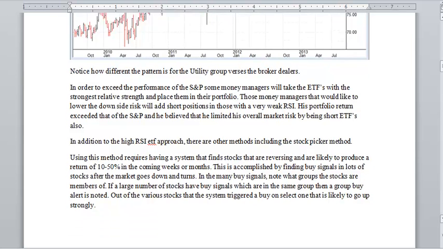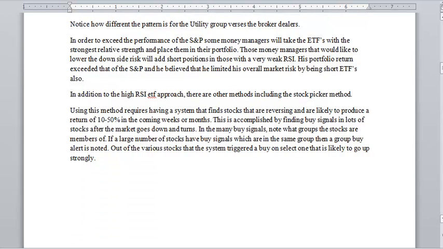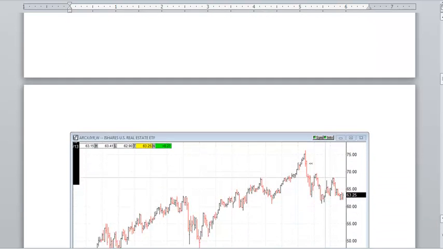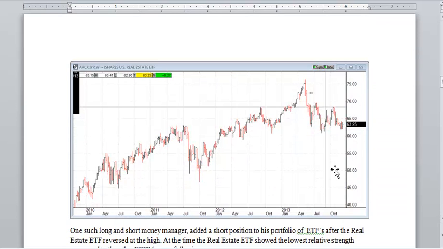He winds up not only outperforming the S&P, but also being short at times, because what he's noticed is that some of these ETFs give him an opportunity to be long and short at the same time. So he might be long the broker dealers, and I remember he went short IYR, an ETF in the realty fund.